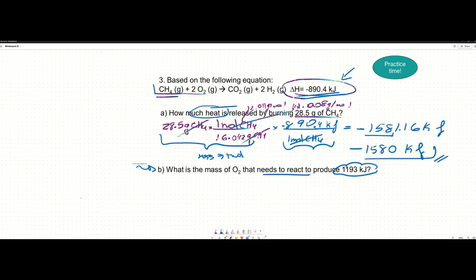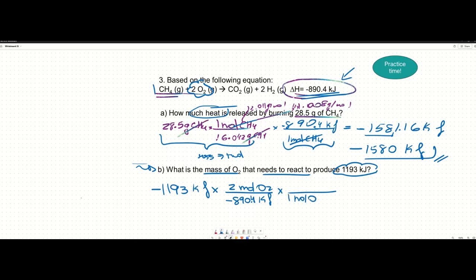So now I want to release 1,093 kilojoules. And I know that 2 moles of oxygen, over here, look, 2 moles of oxygen releases 890.4 kilojoules.